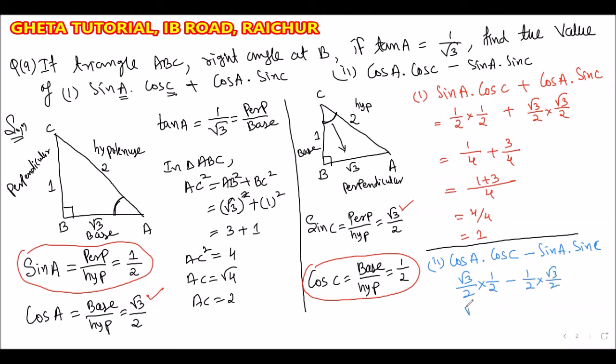So root 3 into 1 is root 3 divided by 2, 2 is 4, minus 1 into root 3 is root 3 divided by 2, 2 is 4. So root 3 by 4 minus root 3 by 4 is 0.